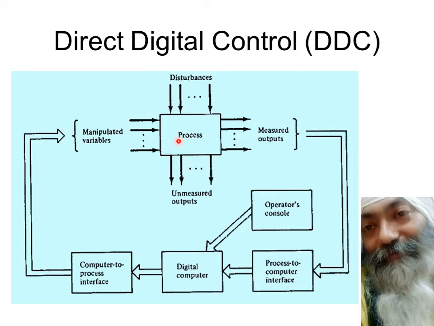And friends, in the previous days, we used to have one single digital computer measuring 300 to 400 inputs, computing all the outputs, giving tens and hundreds of manipulated variables, 50 manipulated variables, 100 manipulated variables, even more, one by one going to the process, with everything happening at a fast pace and brought to the digital computer.